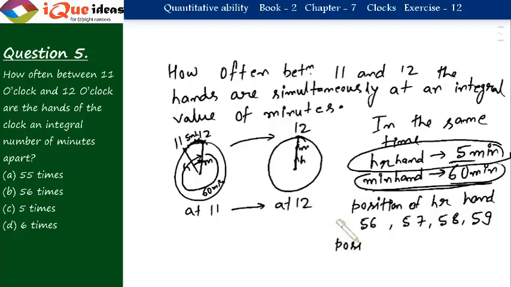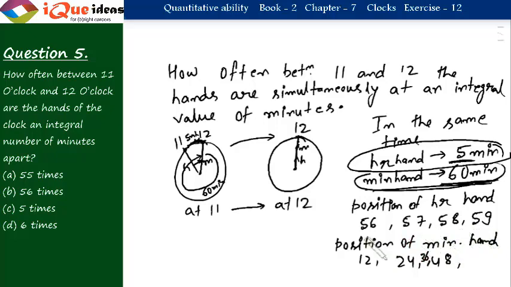At the same time, the position of the minute hand is going to be, as we have already seen, for 5 minutes of hour hand it is 60 minutes of minute hand. That means for 1 minute of hour hand, it will be 12 minutes of minute hand. So it will be 12, 24, 36 and 48, because the next, 60, will be at 12 o'clock.